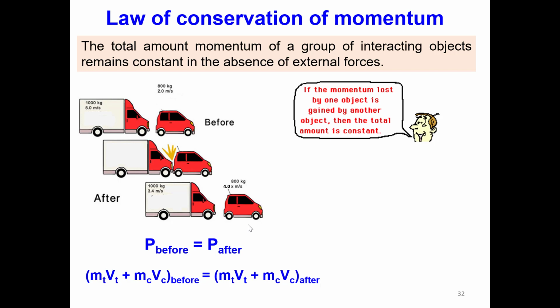In this case, if we calculate the momentum before, we have the mass of the truck multiplied by the velocity. Let's try to apply this equation to the numbers we have there.